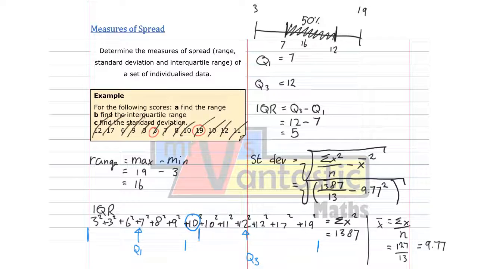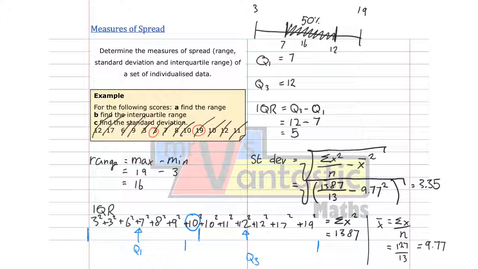Close bracket. And what this calculates is how far, on average, all of the numbers are away from the mean. My calculator tells me that the answer to this is 3.35.